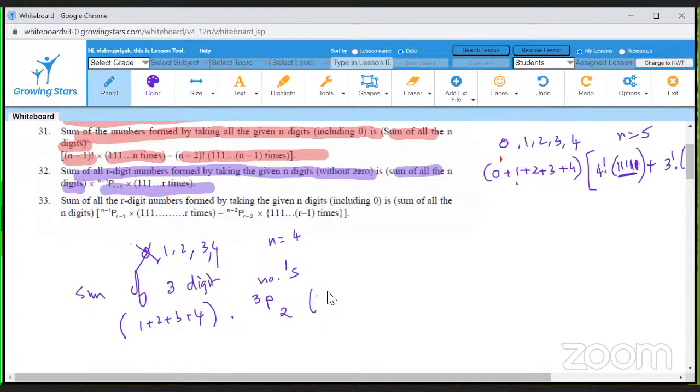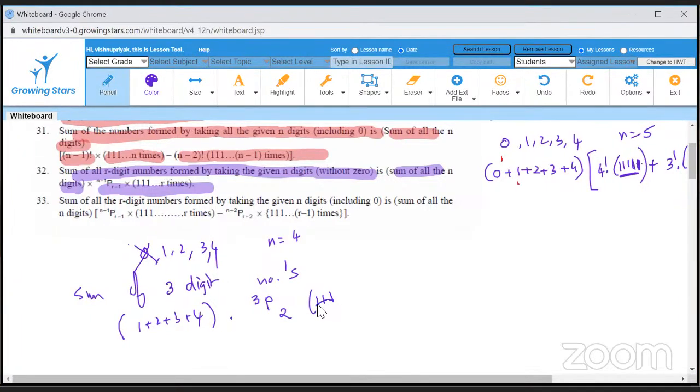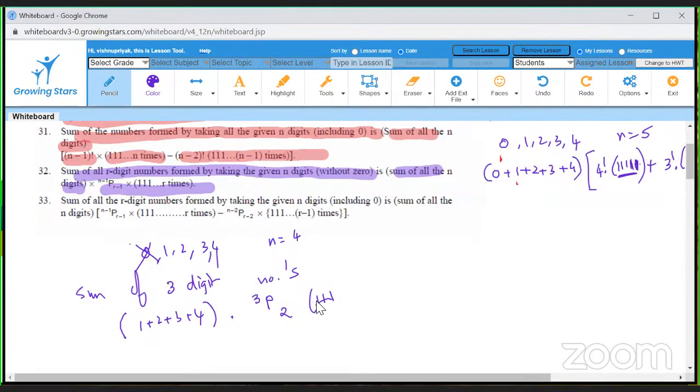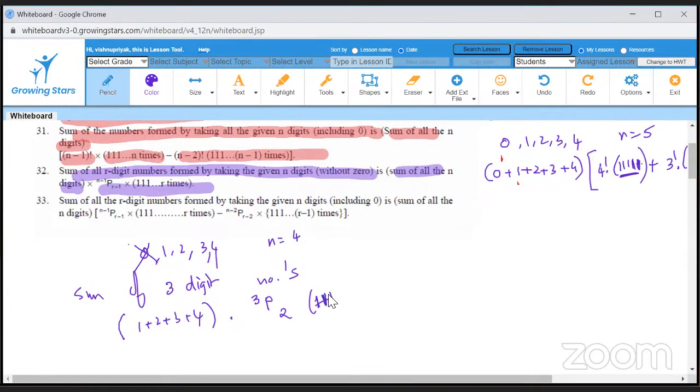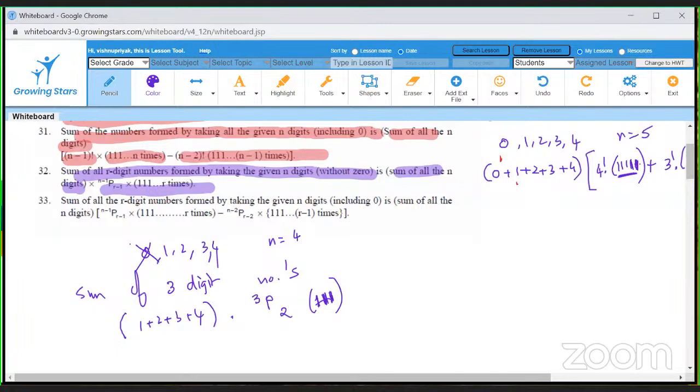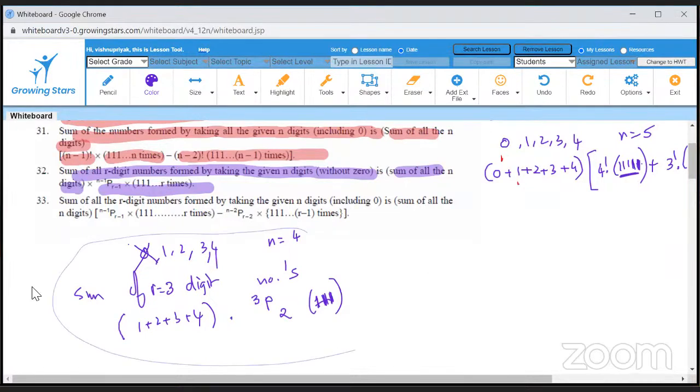And 1, 2, 3. I will take 1 how many times? R times. So R is 3. Only 3 times I will take 1, because R is 3. This is how, using the formula, I can get an answer.